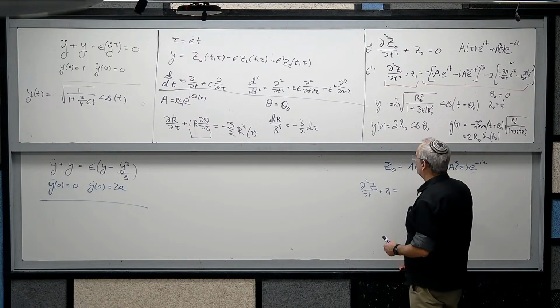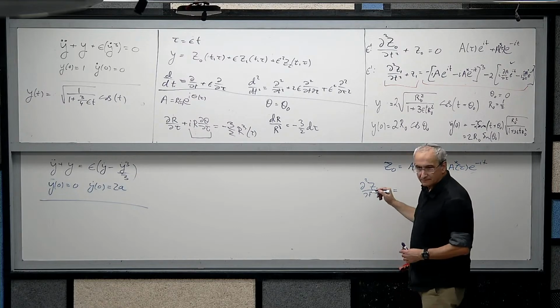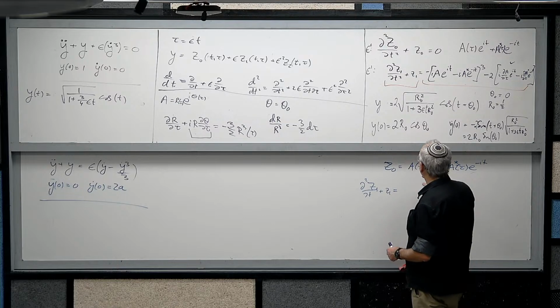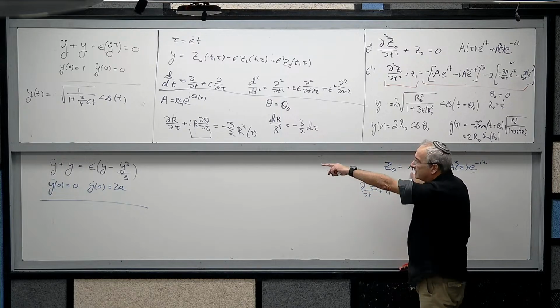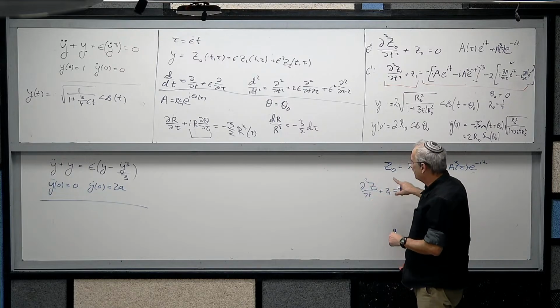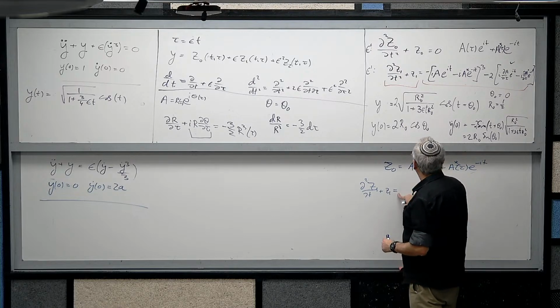so I have y dot. Now y dot, I want to take the derivative with respect to t only, right? Because I have an epsilon outside. First of all, I have this.